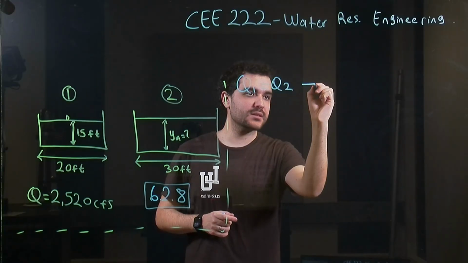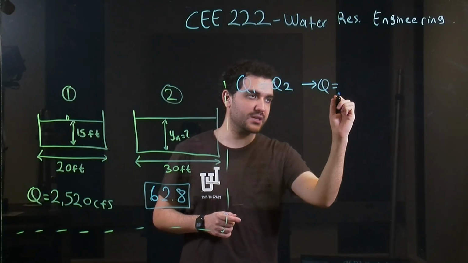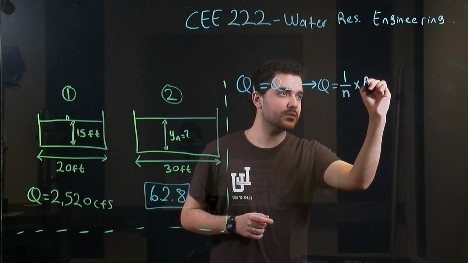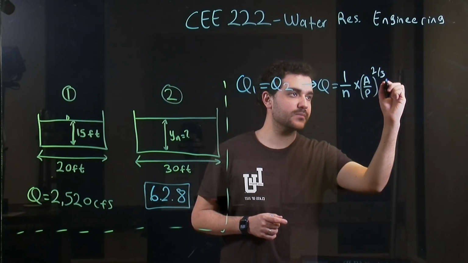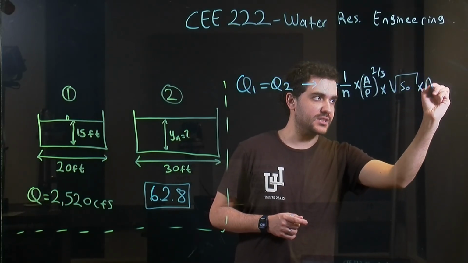Since the Manning's equation is written like this, this is hydraulic radius, slope, and area.